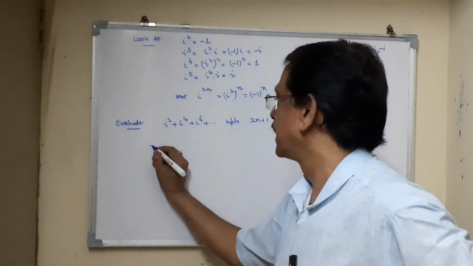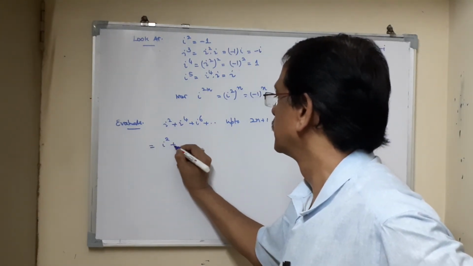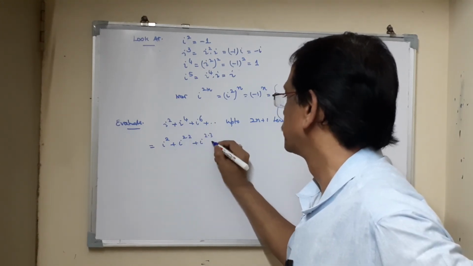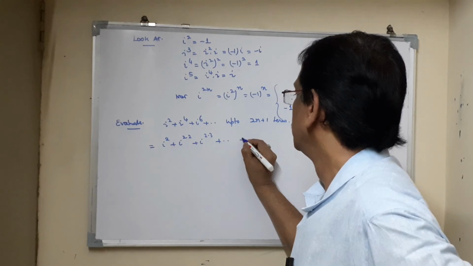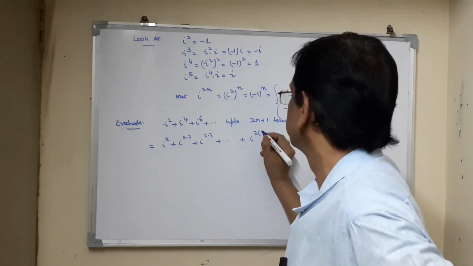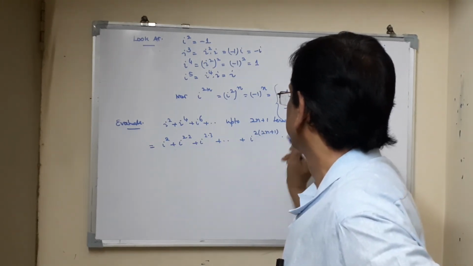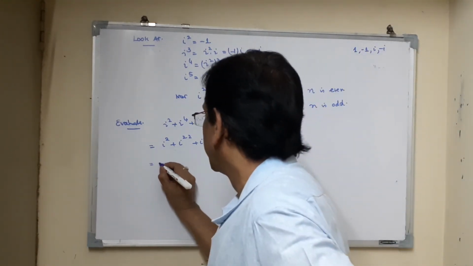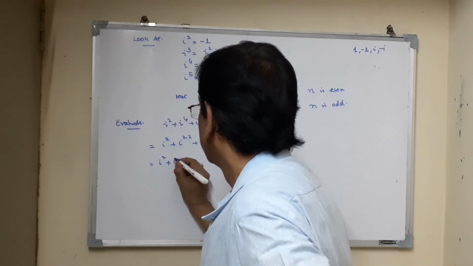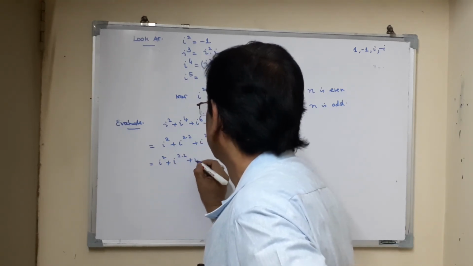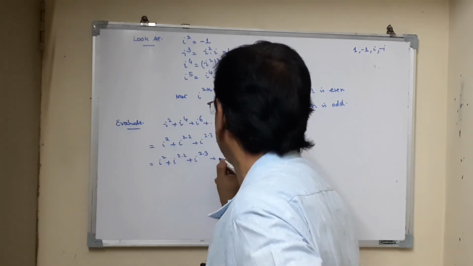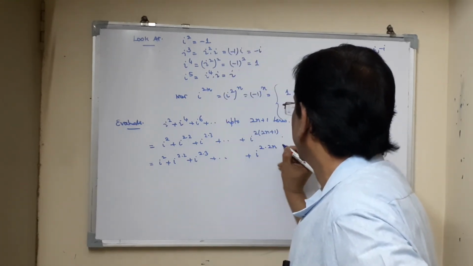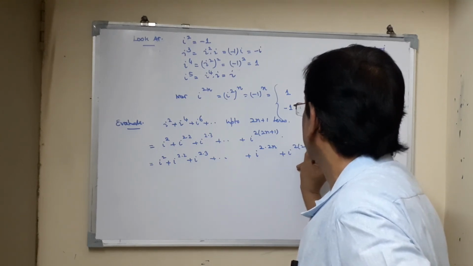So let me write this as i square, i power 2 into 2, i power 2 into 3, and so on. There are 2n plus 1 terms. The previous term will be i power 2 into 2n, and the last is i power 2 into (2n plus 1).